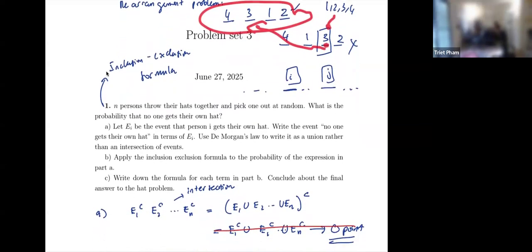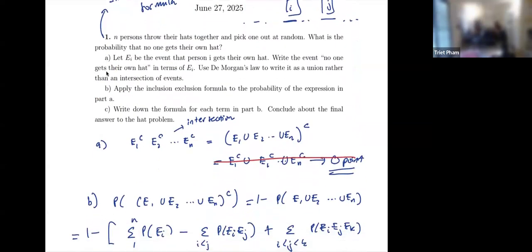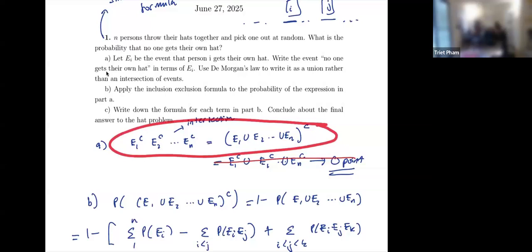This is a problem that demonstrates a lot of principles. In fact, all the principles we've talked about in class so far come up in this problem. The first one is De Morgan's law.